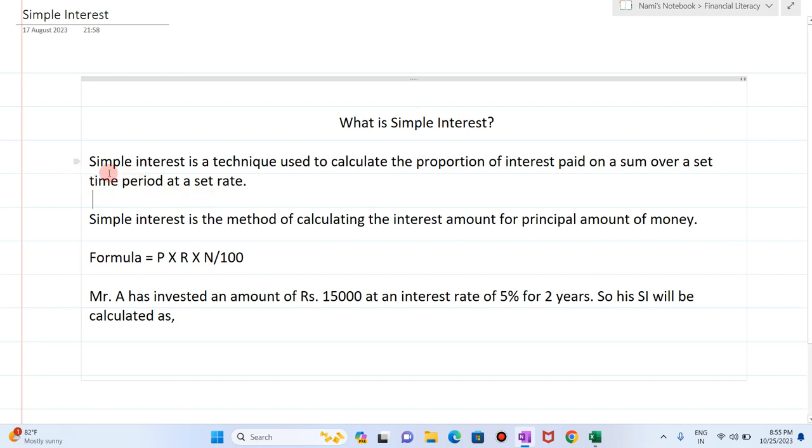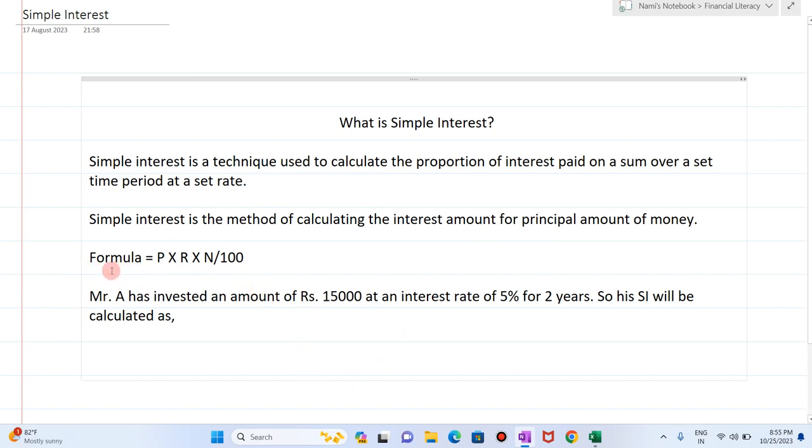It is a method of calculating the interest amount for a principal amount of money.